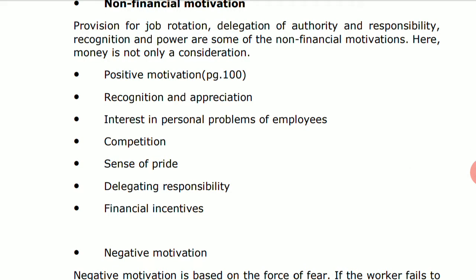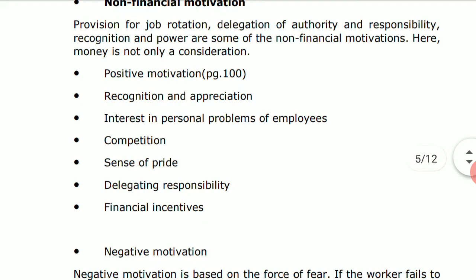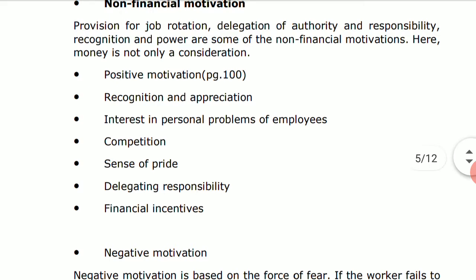The next that comes up is said to be the positive motivation, right? What is positive motivation? If we try to understand positive motivation, then we can say that it is a kind of drive given to the employees, the correct kind of push to the employees to complete a work.